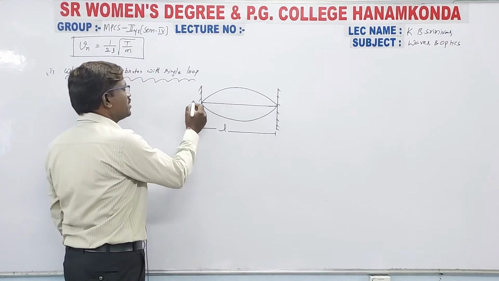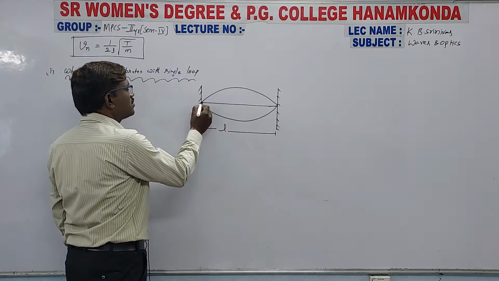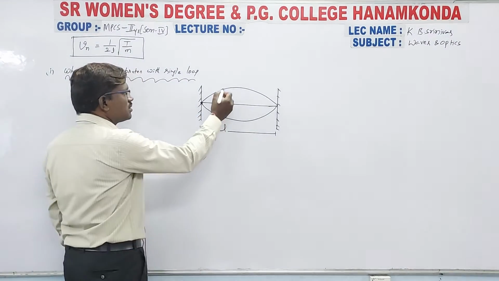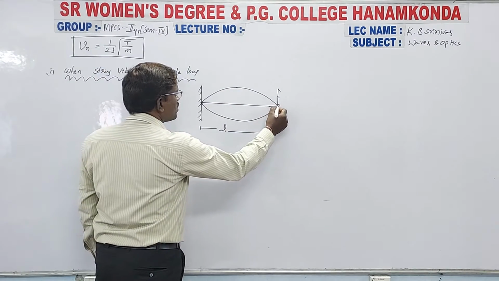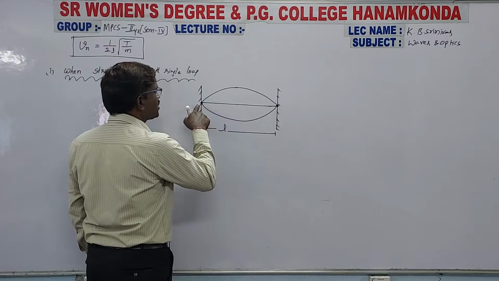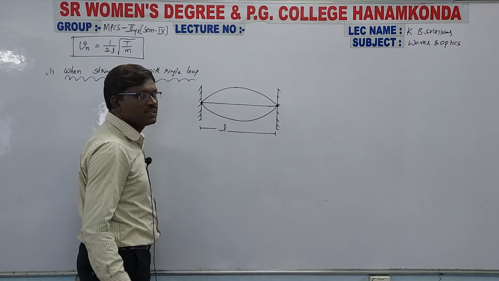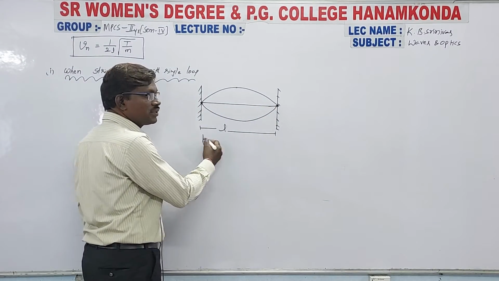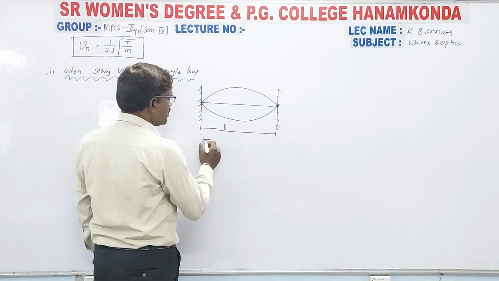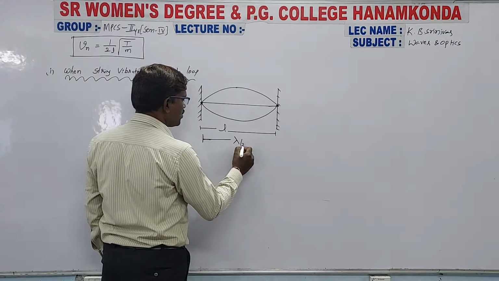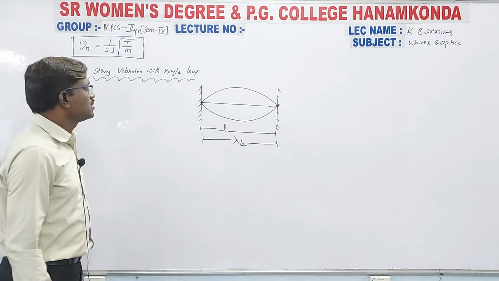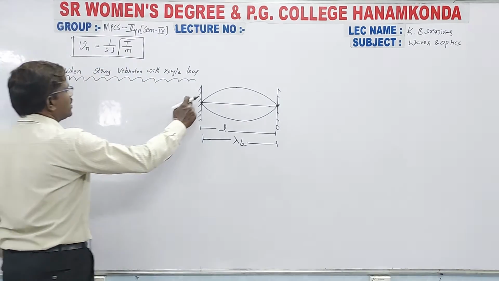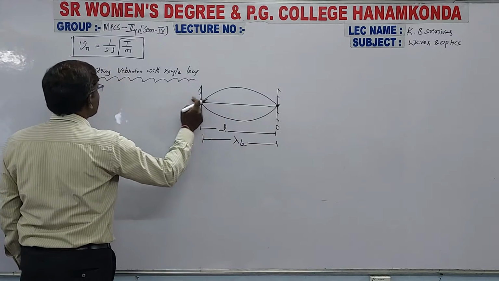This is a node, this is an antinode. The distance between successive nodes is equal to lambda by 2. Clear? So, this is the string which is vibrating with a single segment.